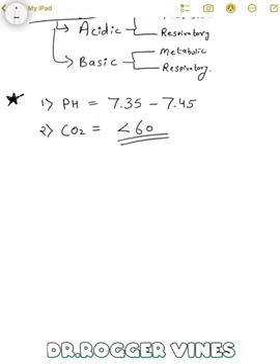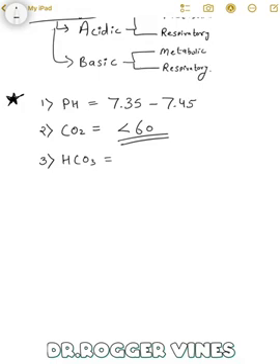And the third and most important thing you need to remember is the bicarbonate ion. According to different books, bicarbonate, HCO3, should be from 16 to 28, and some books say from 14 to 30, or 14 to 24.